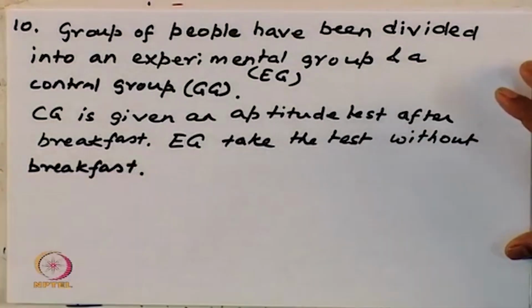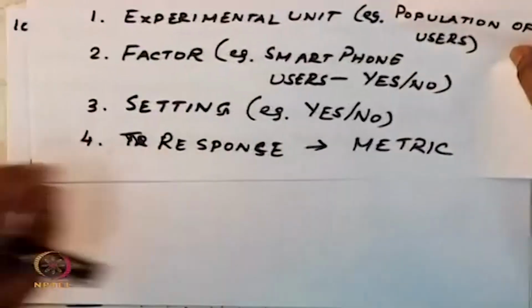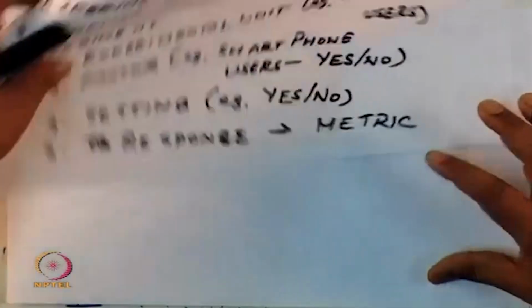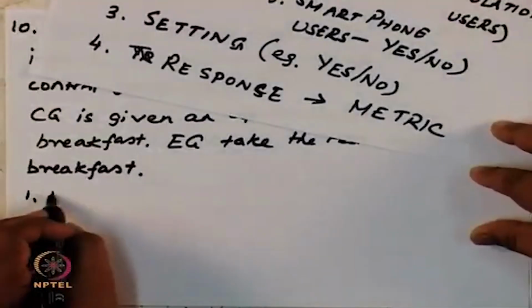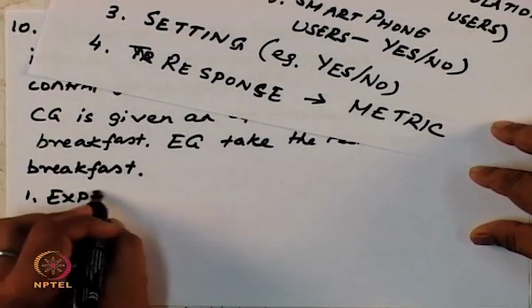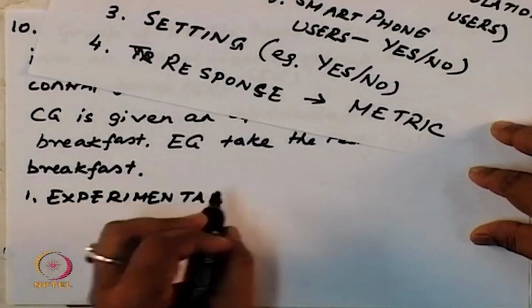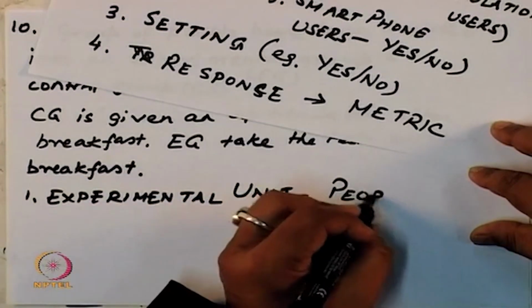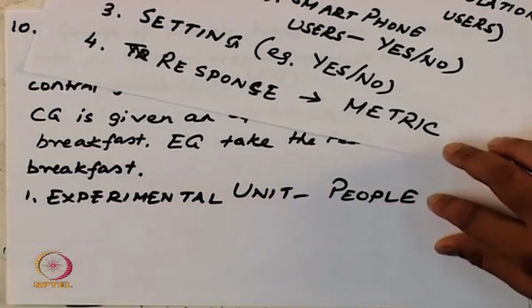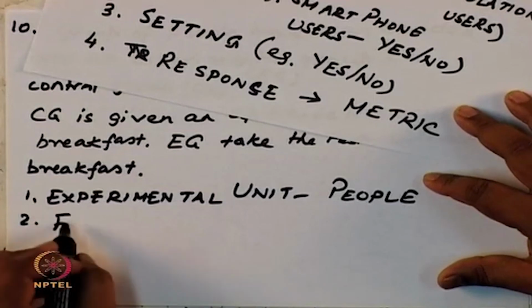Okay. So, let us identify each of the things that we said. What is my experimental unit? The experimental unit, in this case, is just people who are taking the test, both the experimental and the control group. What is the factor?